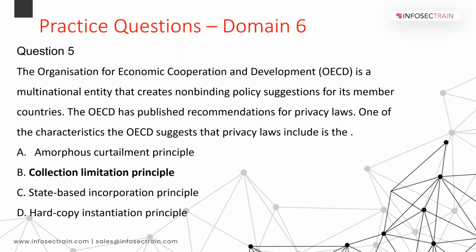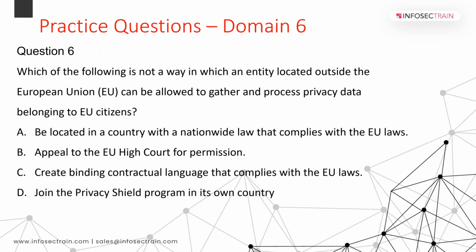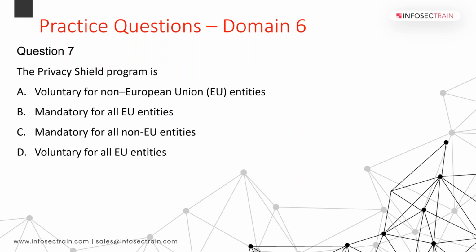Okay, let's go to the next question. The correct answer is B. Next question. The correct answer here is A. See, the Privacy Shield program is voluntary for non-European entities who want to have a relationship with the EU.